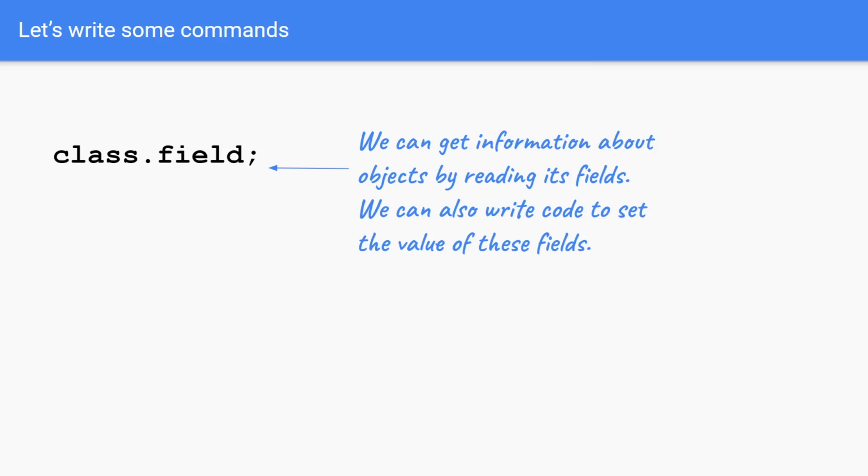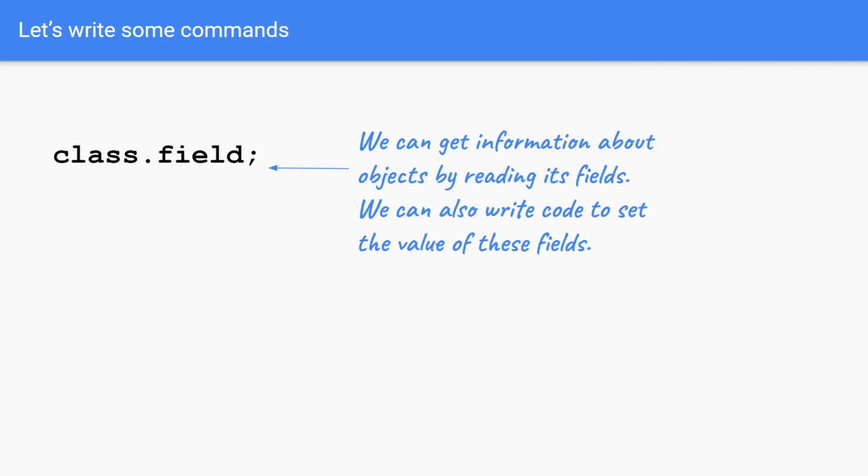You first type or call the class itself, so the object you want to interact with. You type a period, and then that will give you access to what's contained within that class. So you can type the name of a class, dot the name of a field, and that will allow you to access information about the objects by reading its fields.